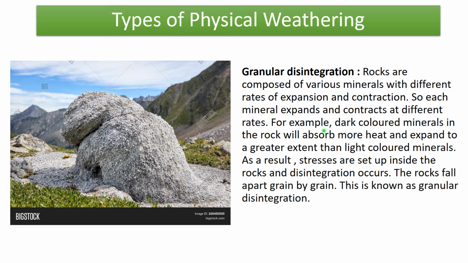For example, dark colored minerals in the rock will absorb more heat and expand to a greater extent than light colored minerals. As a result, stresses are set up inside the rocks and disintegration occurs, as you can see over here. The rocks fall apart grain by grain. This is known as granular disintegration.